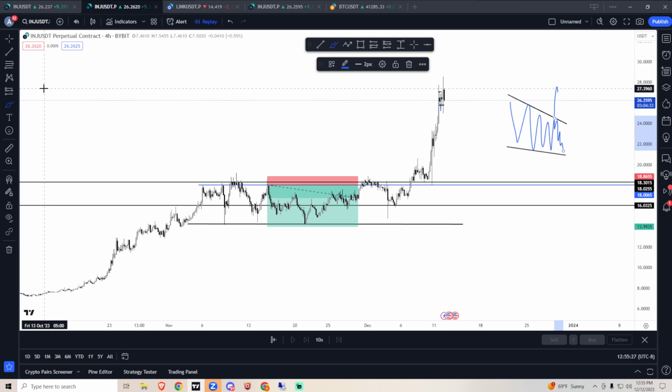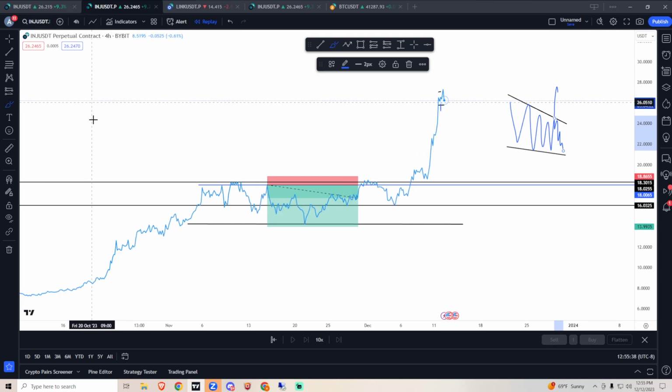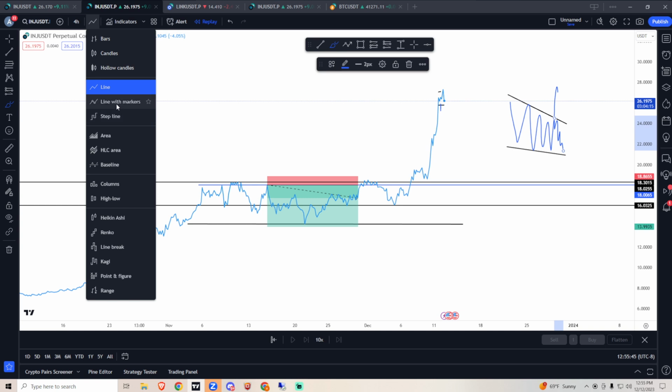Do you ever... Cake is a shitcoin. Do you ever use line instead of normal wicks? What do you mean line? Like line chart? Like this? No, I do not. These don't show wicks, so this won't tell you where liquidity is.